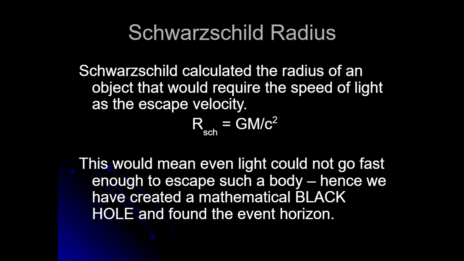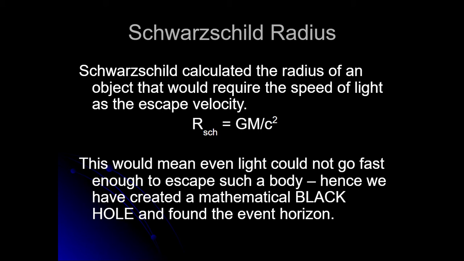Now let's step this up a little bit. The Schwarzschild radius is based on this thinking: what would be the radius of an object that would require the speed of light as the escape velocity? Here we've set the velocity as the speed of light, and what we find is that there's a certain radius relating to a certain mass, which means even light could not go fast enough to escape such a body.